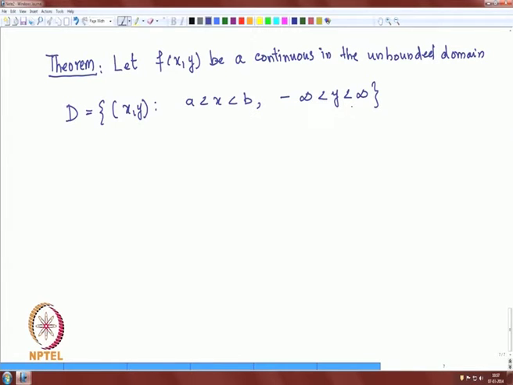It is an infinite strip where x is varying between a and b and y is varying over the entire y axis.